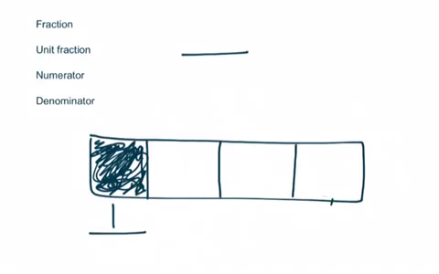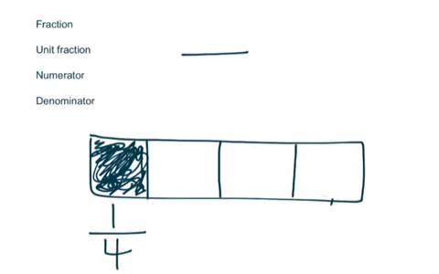Now, our next vocabulary word, our denominator, means how many pieces there are, or how many pieces it's cut into. And so the denominator, again, represents how many pieces there are. So as you can see, this whole bar was split up into 4 pieces. So that is our denominator, which always goes on the bottom. So the numerator represents how many pieces are still there, or how many we are representing.